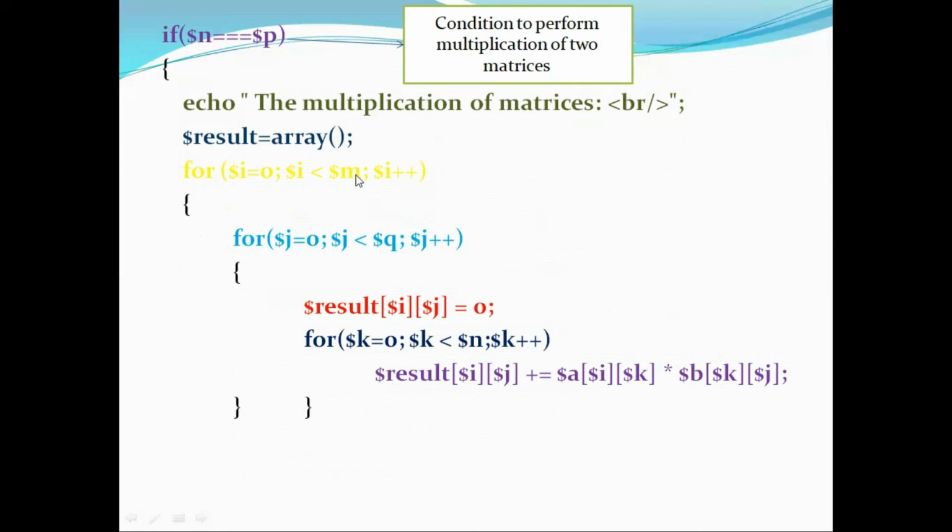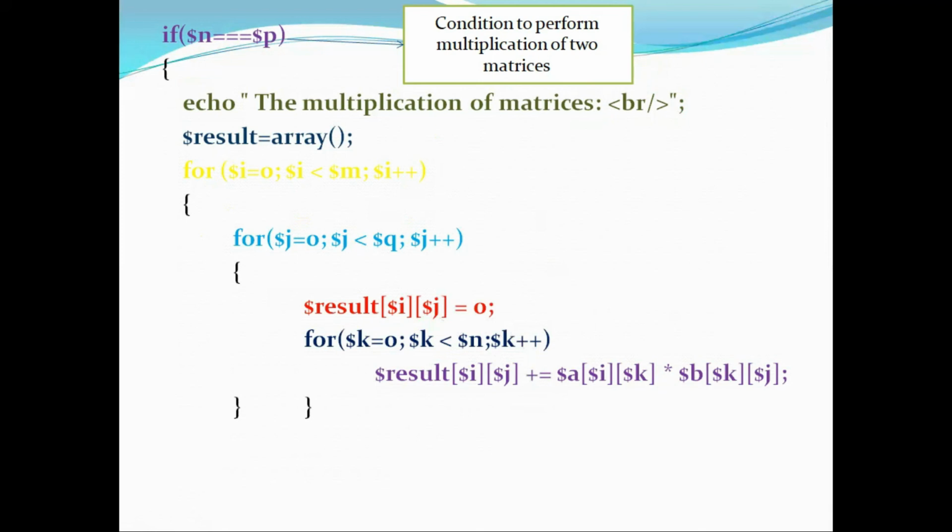the multiplication of matrices. Initially, we are taking one more array to store the result, that is a result array. After that, we are checking that condition for row indexing as well as column indexing. Initially the resultant array is 0. After that, we keep on multiplying the array elements in order to get the result of the multiplication of the two matrices.